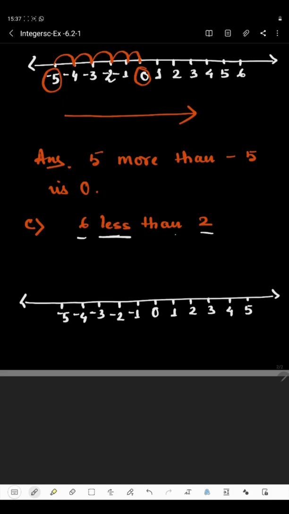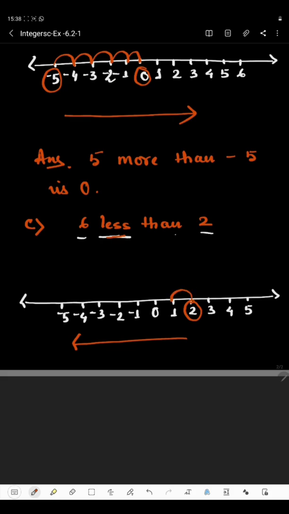Now we have to find the integer which is 6 less than 2. Where is 2 on the number line? Here is 2. Now 6 less: we have to find the number smaller than 2, so we will have to move to the left to find the integer.